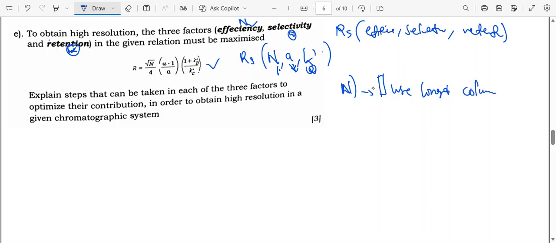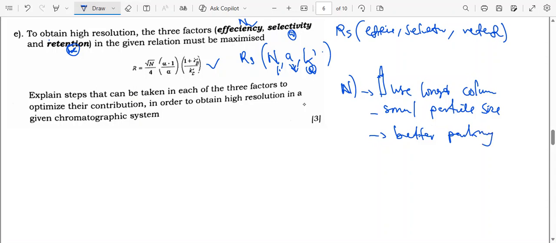In as much as you have a longer column, then use small particle sizes. The other thing we need to do is have better packing. The way we pack these, we need to be very careful, so we need better packing.